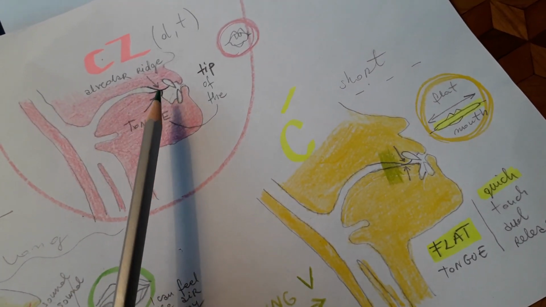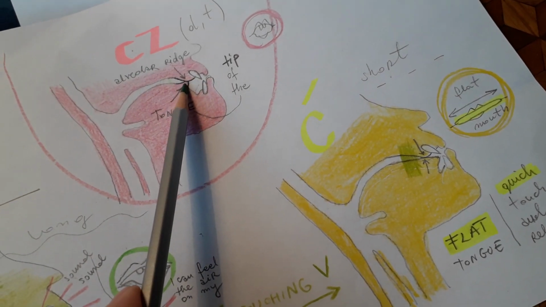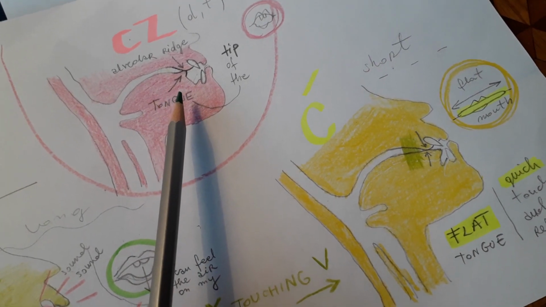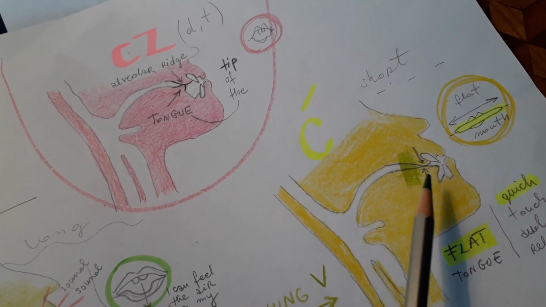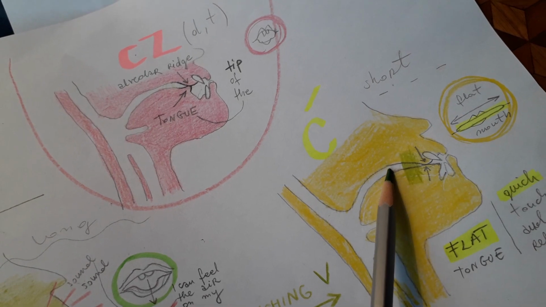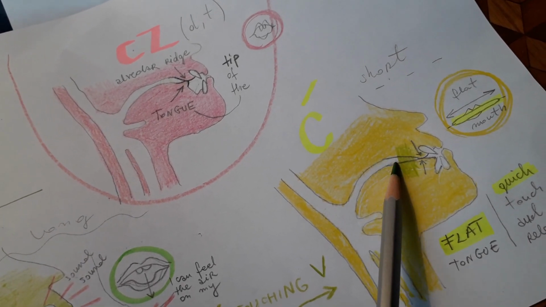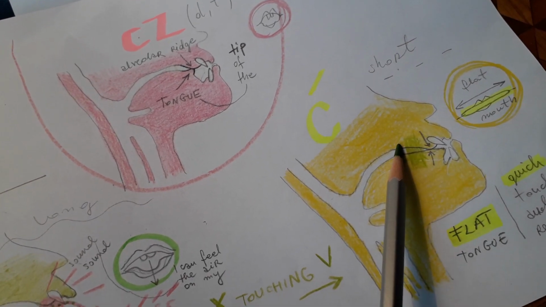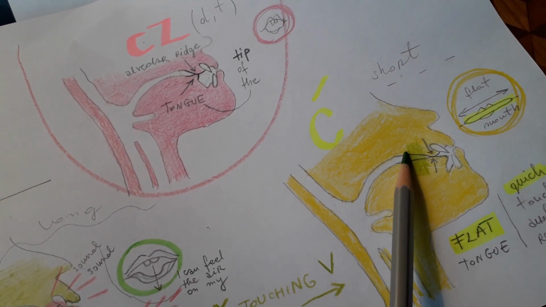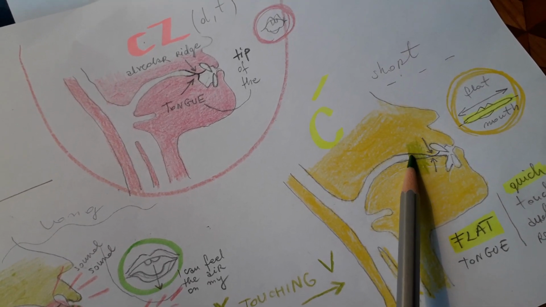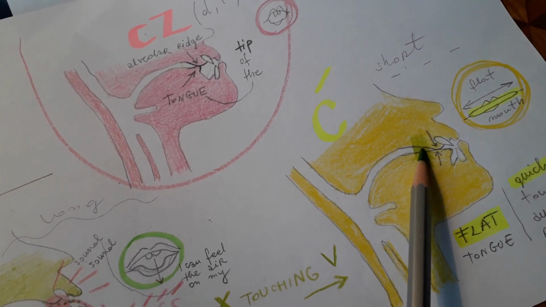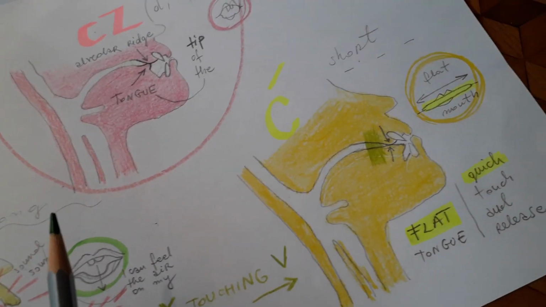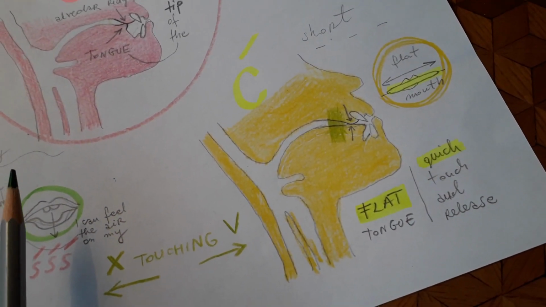Here you are only quickly touching the ridge, and here you touch the bigger part of the palate, also the front one, like behind this ridge. Your tongue is flat and is quickly touching here, ć, ć, ć. And your lips are flat.